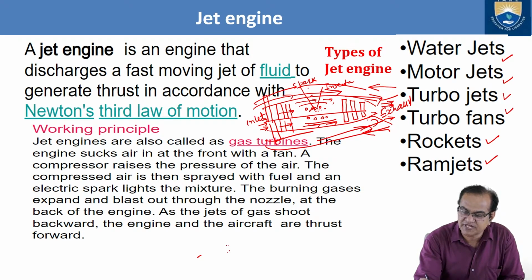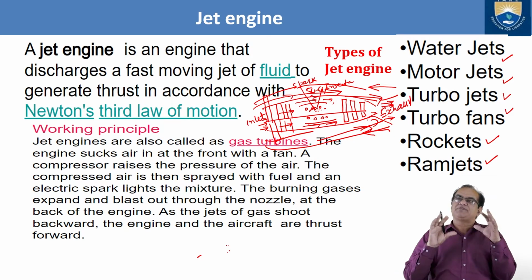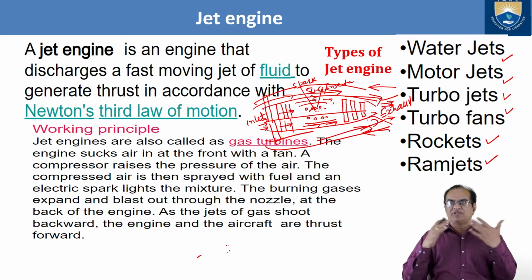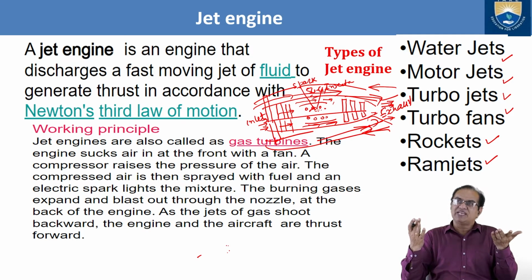So here 50 to 60% of the total air is bypassed, going along the outer side of the core of the engine. As I explained in the turbojet, the flow will go to the compressor, then the combustion chamber. 30 to 40% of the air is utilized for the burning.